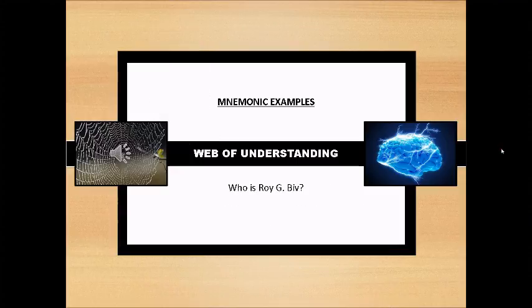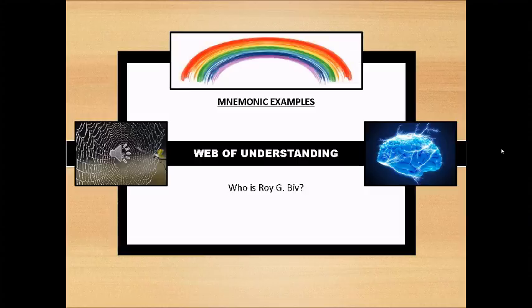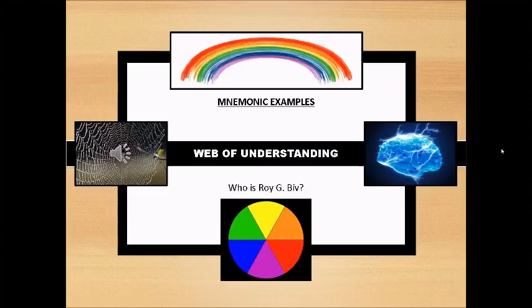In our classes, you may have had a teacher talk about Roy G. Biv. And you may wonder, who is this Roy G. Biv character? Is he a famous artist? Who is it? It's actually a mnemonic device to help you remember the colors of the rainbow in order, and the colors of the color wheel in order. Now, you may notice that there's 7 letters in that name, and only 6 colors on the color wheel.